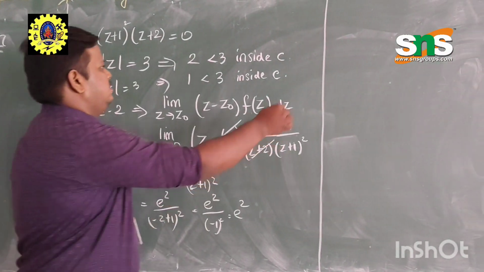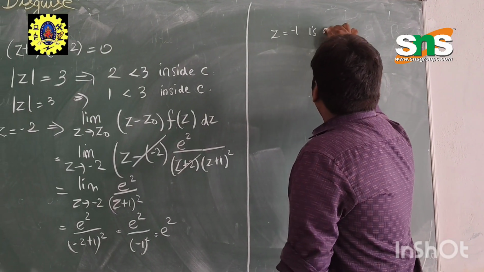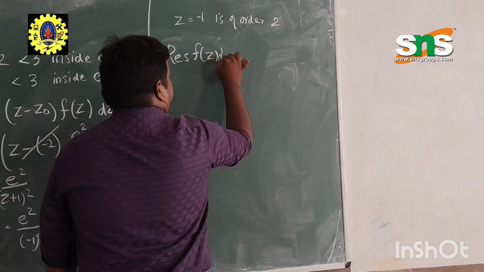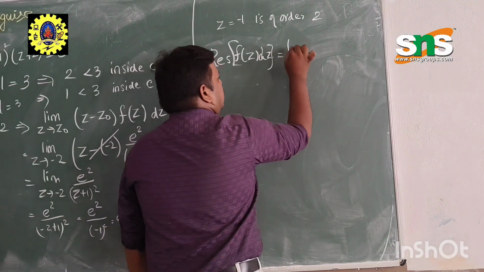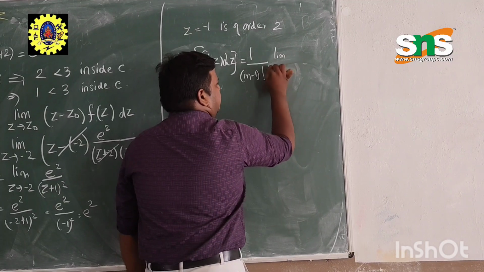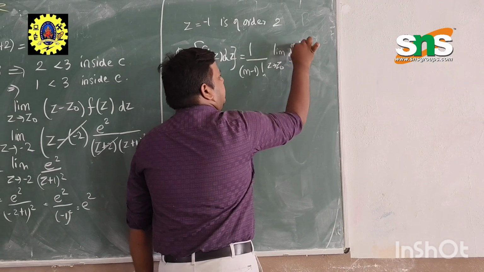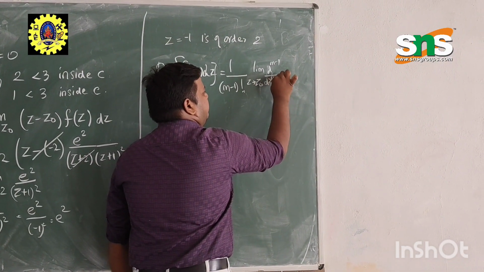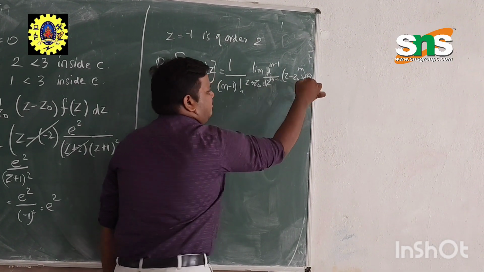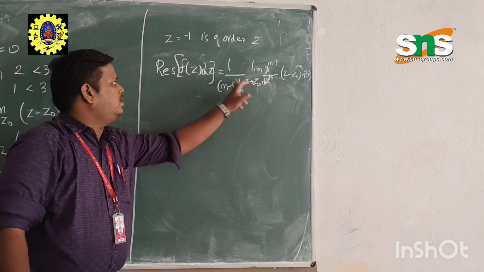When the order is 2, the formula is 1 by (m minus 1) factorial, limit z tends to z naught, d power m minus 1 by dz power m minus 1 of (z minus z naught) the whole power m into f of z. Here m is the order.